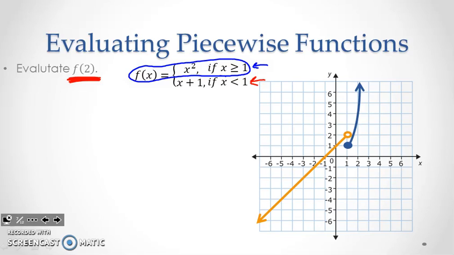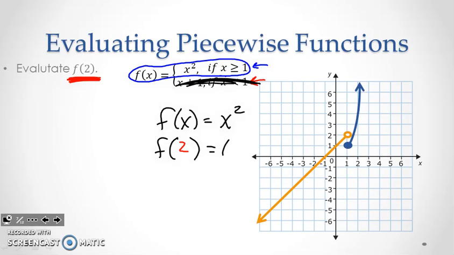So I'm going to use f of x equals x squared, and I can forget about the other one for this case. So f of 2 equals 2 squared, which gives f of 2 equals 4. If I go to the graph where my x value is 2, I can see there's a point there. When my x value is 2, my y value is 4.